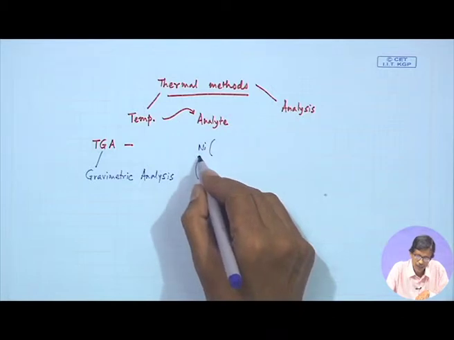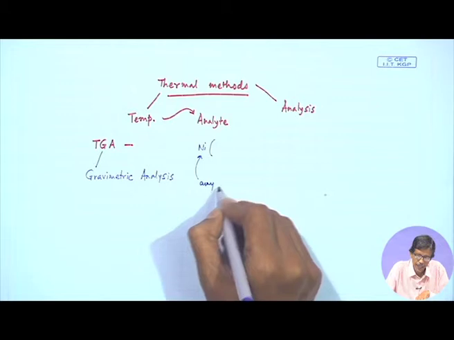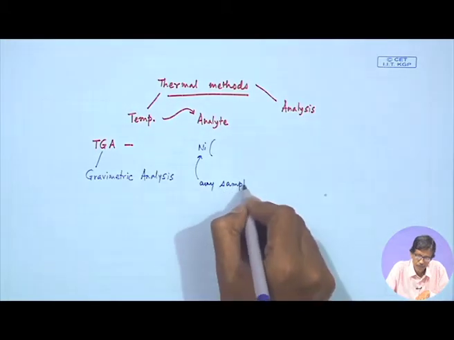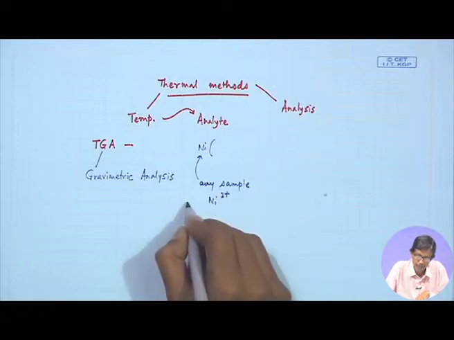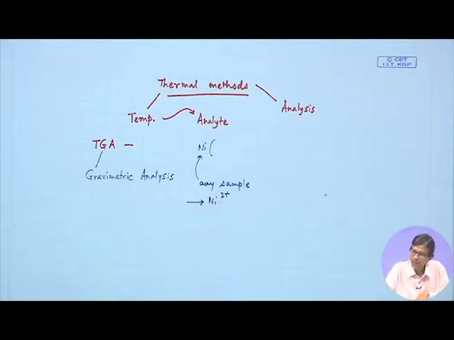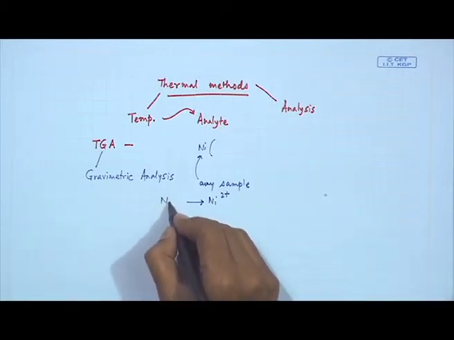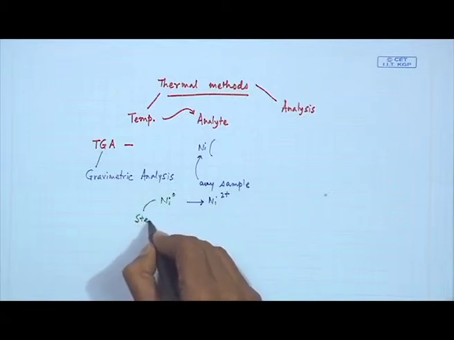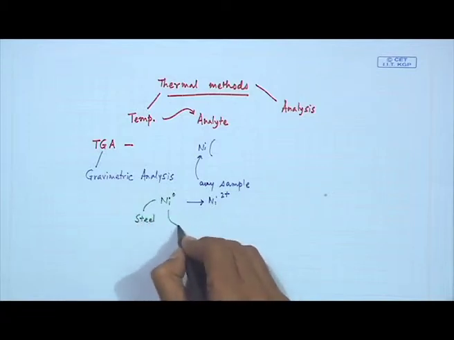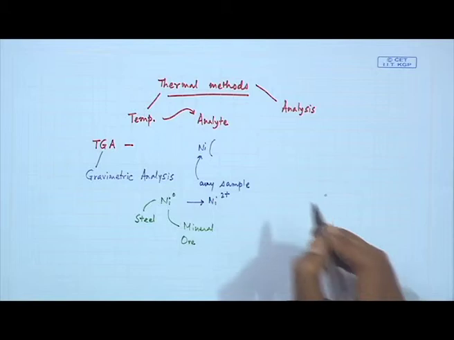As I told you earlier, nickel from any sample where it is present as the bivalent cation can be taken away from nickel in the metallic state, such as from a steel sample or any other source such as a nickel containing mineral or ore.